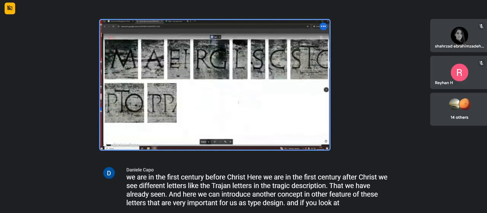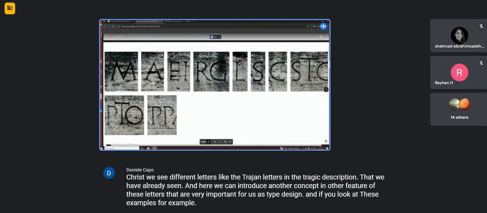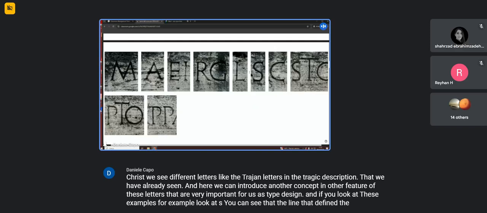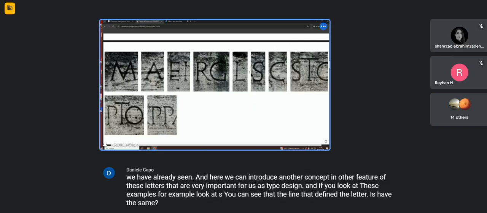If you look at this example, for example, look at S. You can see that the line that defines the letter has the same thickness in all parts.